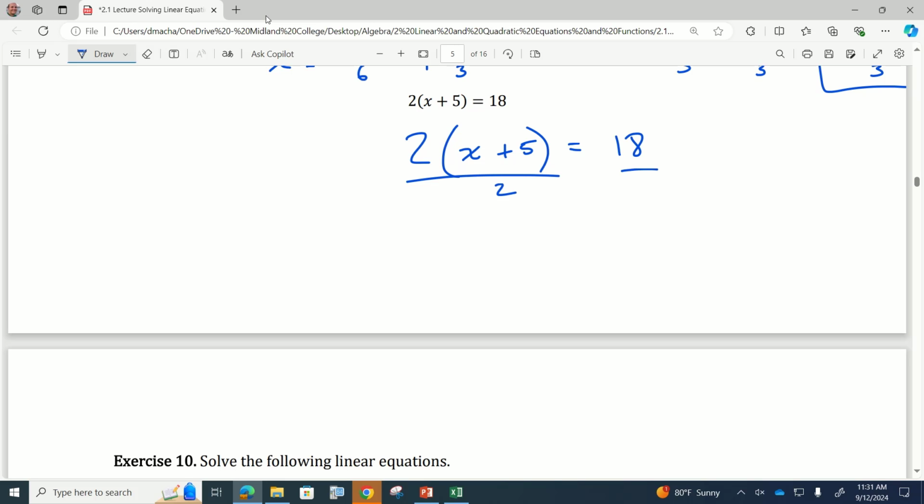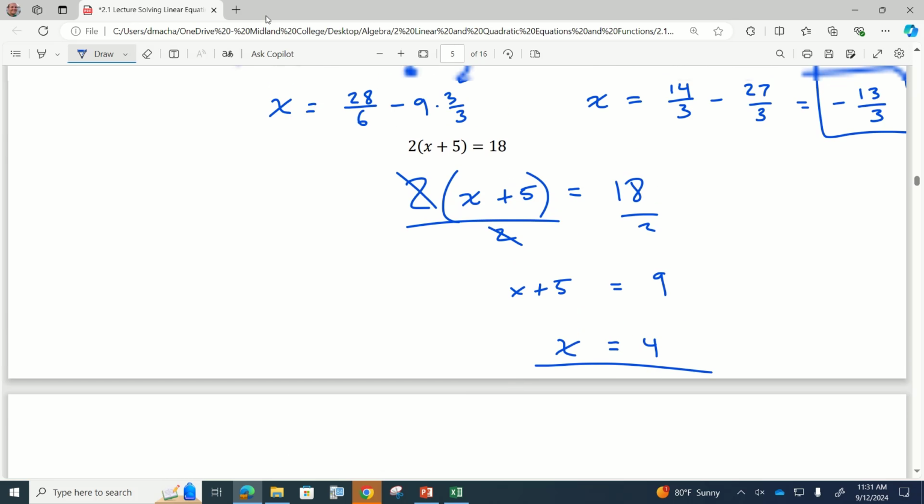If I divide both sides by 2, the 2's cancel. On the right side, 18 divided by 2 is 9, and I don't need these parentheses anymore because I'm not multiplying anymore. And then my next step would be to subtract 5 from both sides. That gives me x equals 4.